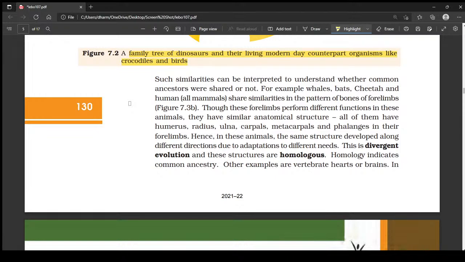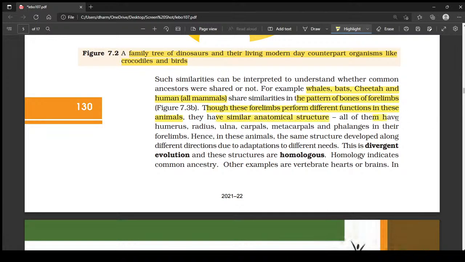For example, whales, bats, cheetah, and human, which includes all mammals, share similarity in the pattern of bones of the forelimb. Though these forelimbs perform different functions in these animals, they have similar anatomical structure.